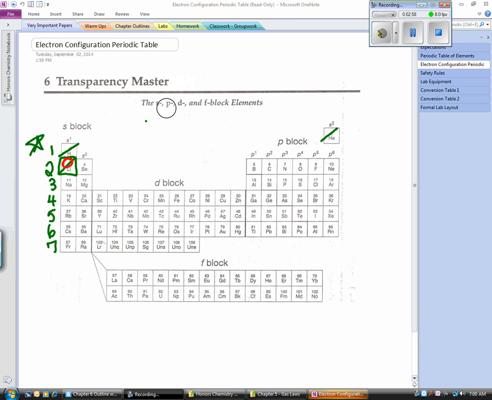Let's try another one. Let's try oxygen. We're still starting over here with 1s1, 1s2. Then 2s1, 2s2.